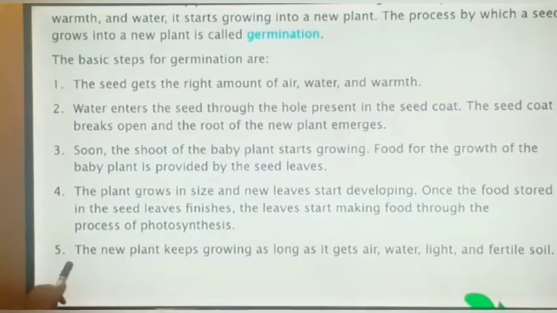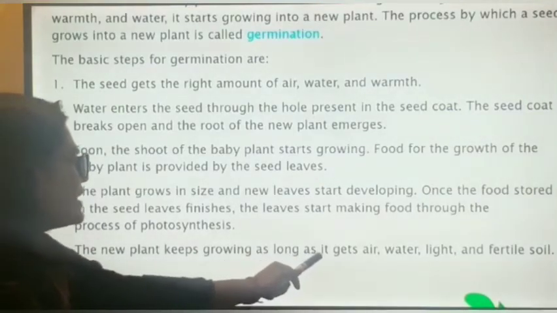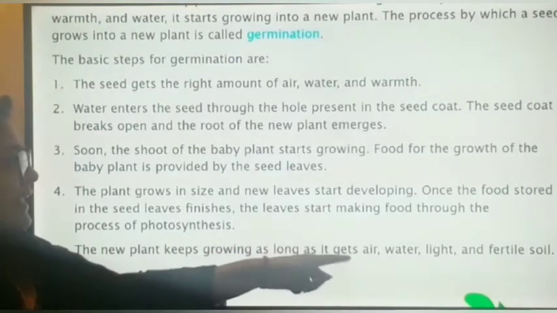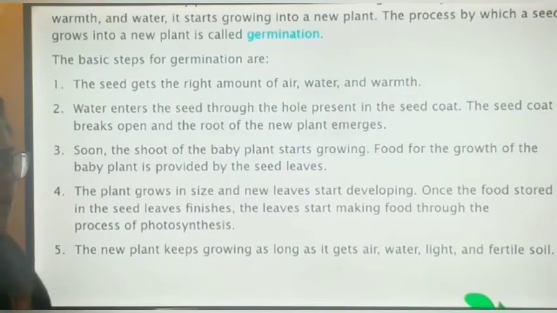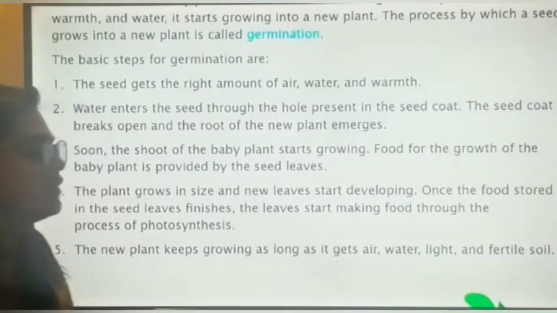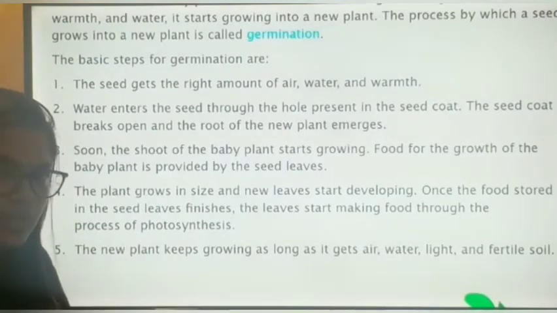Then a new plant keeps growing as long as it gets air, water, light and fertile soil. Till this time, all the organs of the plant are seen: roots, shoots and leaves. After that, by using air, water, light and fertile soil, the whole plant will start growing.